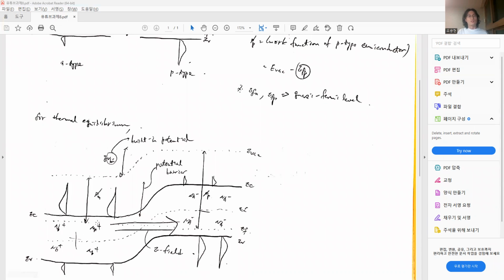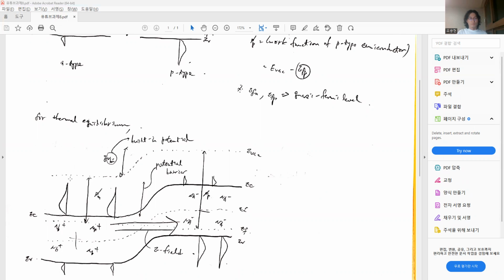And for this quantity of this curved shape, we can define this quantity as the built-in potential energy barrier, which can be expressed like charge quantity multiplied by the built-in potential.